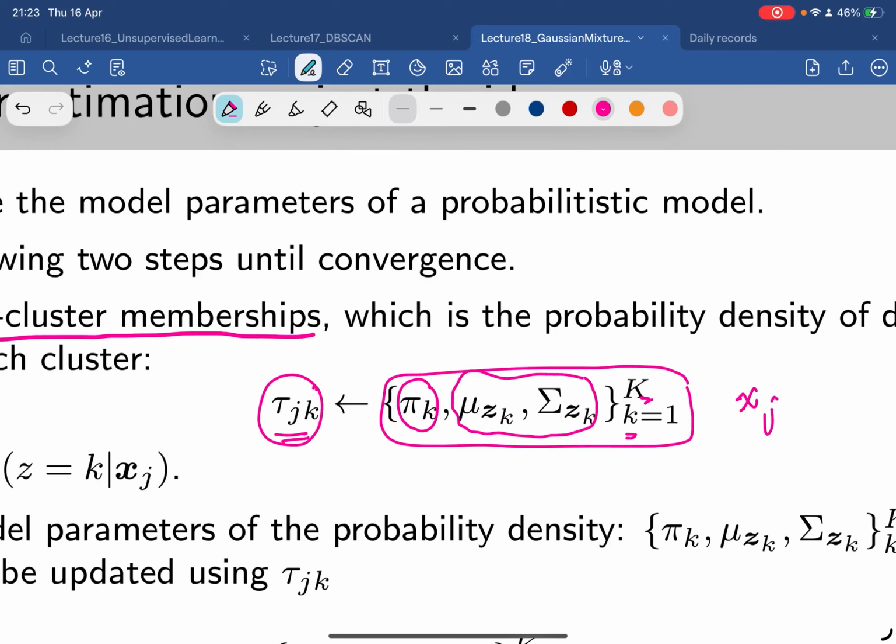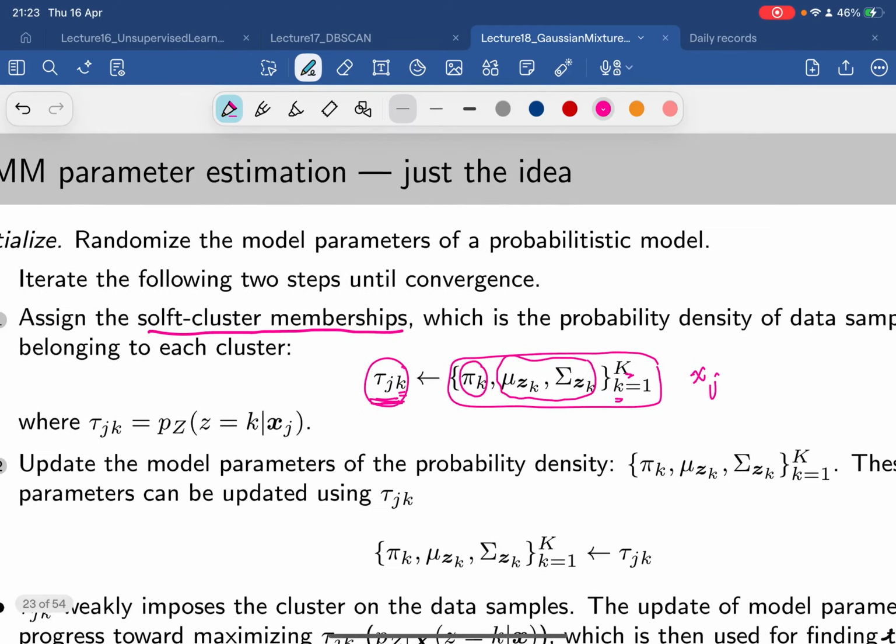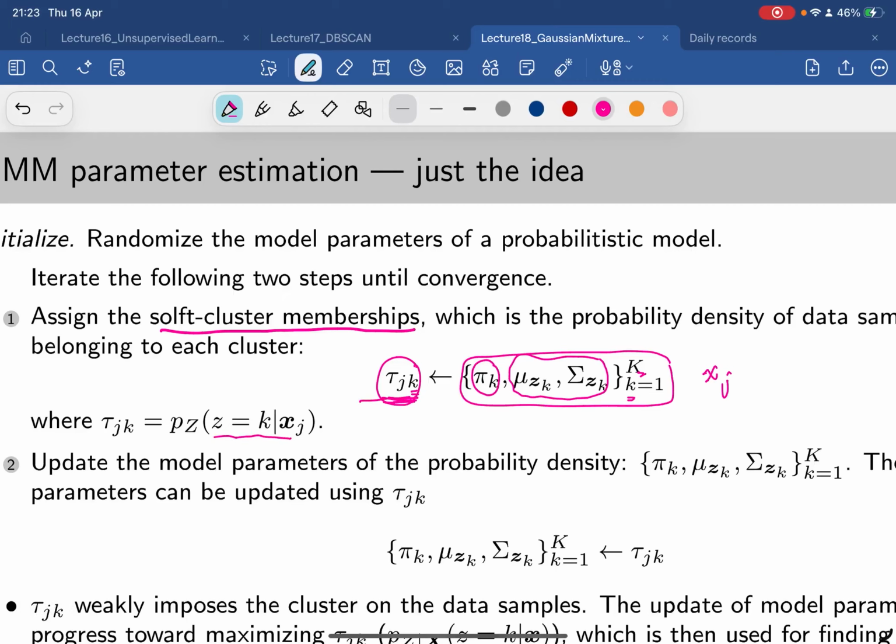Then that tau_jk tells you whether or not the particular sample x_j should be in cluster k, because if the probability tau_jk is the highest at a k value, then that means x_j came from that k cluster. In other words, if we have all of these parameters including x_j, we can compute this probability, and then we can find the cluster by doing the maximization.